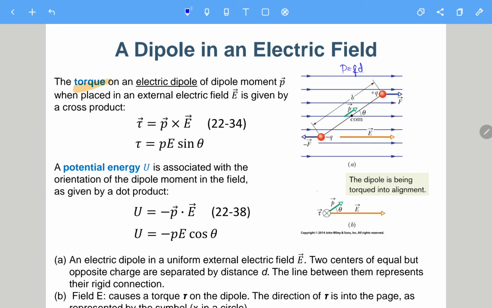So this cross means this vector is pointing into the page. If it is like this, it is out of the page.